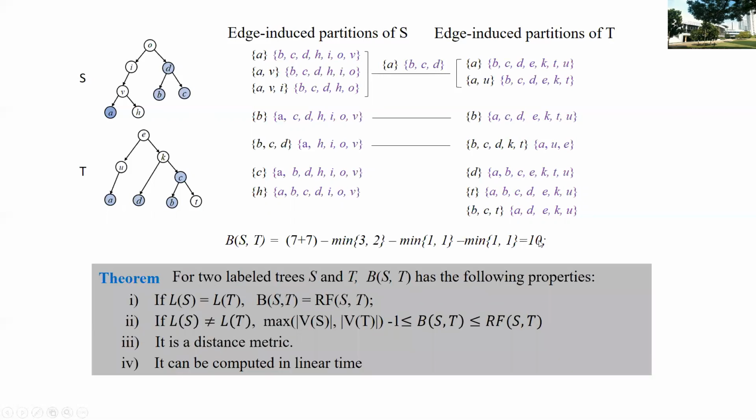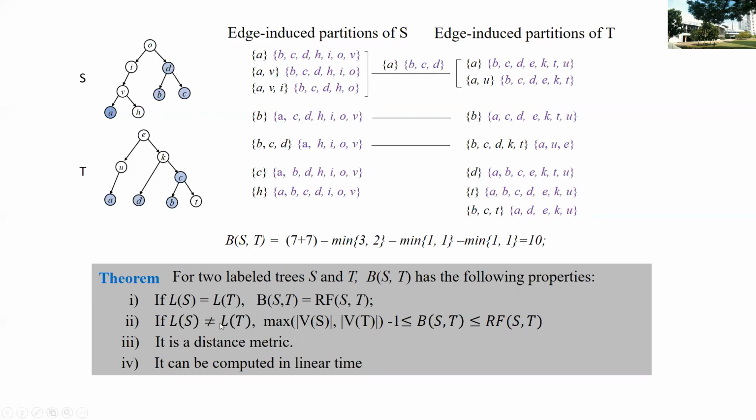The bark distance has the following properties. If the two trees have the same label set, then the bark distance between them is equal to the Robinson-Foulds distance between the two trees.